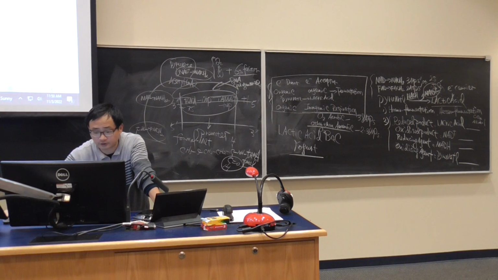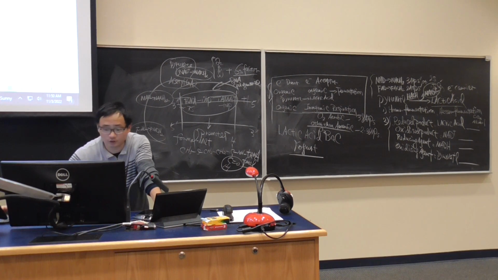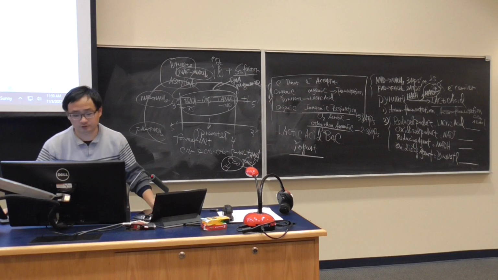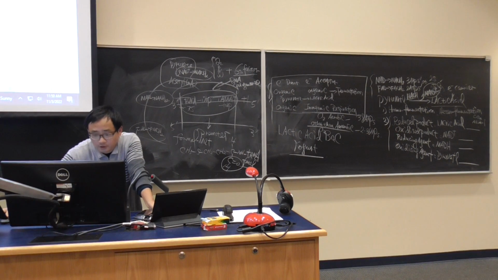The Pribnow box is centered approximately 10 base pairs upstream of the start site of transcription. So that's C. The genetic code is what, because more than one codon will specify a particular amino acid? What do we call it? Degenerate. Okay, that's what we call it, degenerate. Which is not a termination codon?